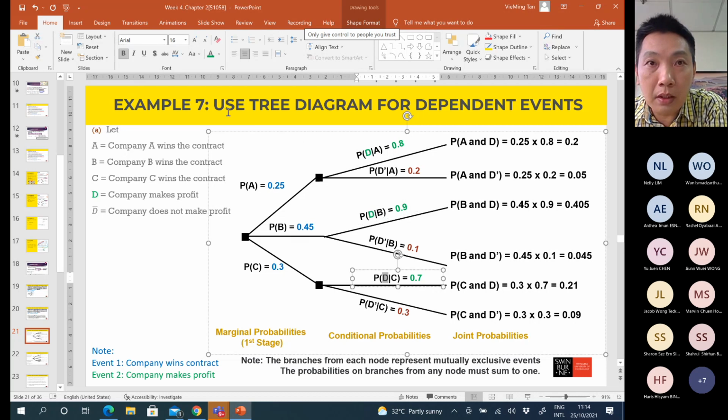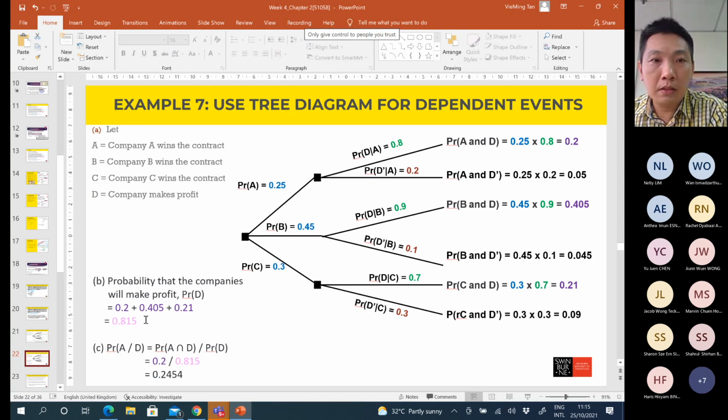In order to make profit, it can be either company A won the contract and made profit, from the first pathway, or from pathway B, which is 0.45 multiplied by 0.9, or from pathway number 3, company C, 0.3 multiplied by 0.7. So the answer is 0.25 multiplied by 0.8 plus 0.45 multiplied by 0.9 plus 0.3 multiplied by 0.7.